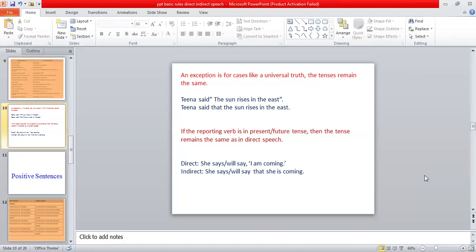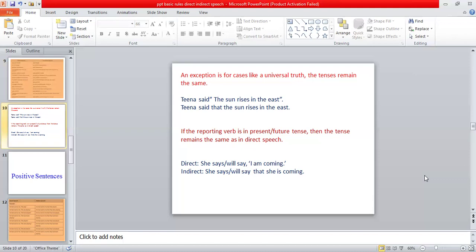In the case of direct and indirect narration, I hope that keeping all these rules in your mind, you can easily attempt direct and indirect speech in your exam without making any mistake. In the next lecture, we are going to start with positive sentences.